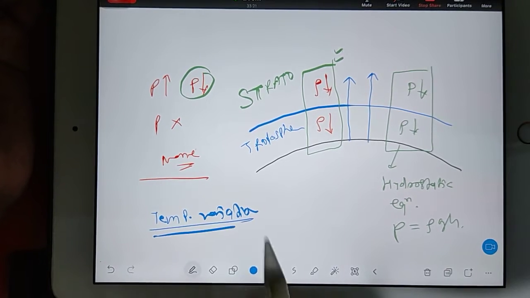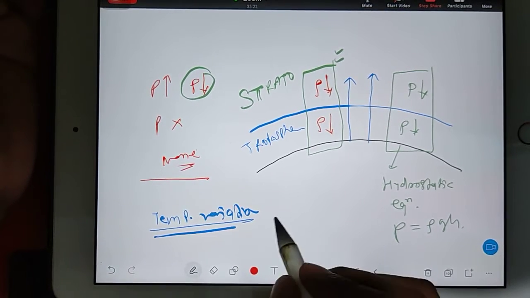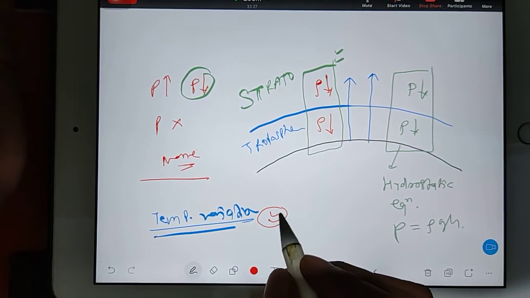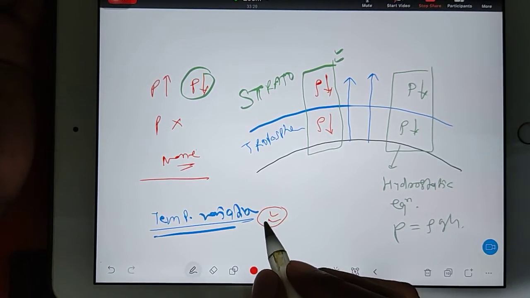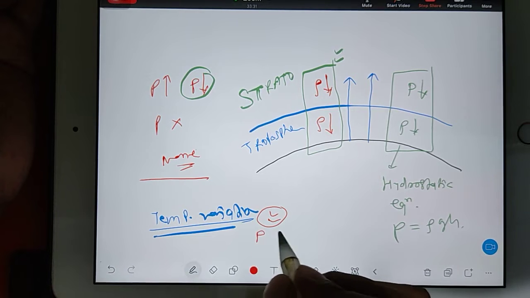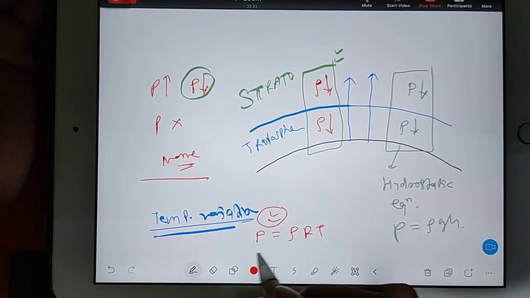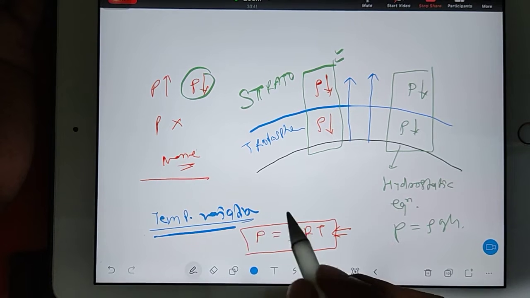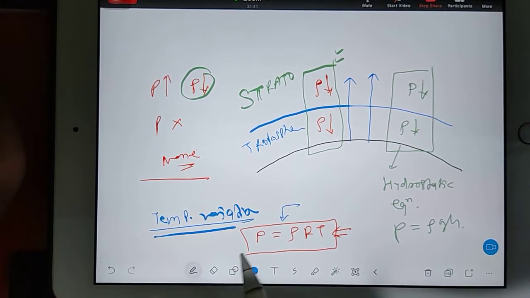To understand temperature variation, you should know one more law. There is an equation called the ideal gas equation, P is equal to rho RT. You might have heard this equation in 9th class, 12th class, in basic school. So with the help of this equation, I can find out the temperature variation in both the spheres.